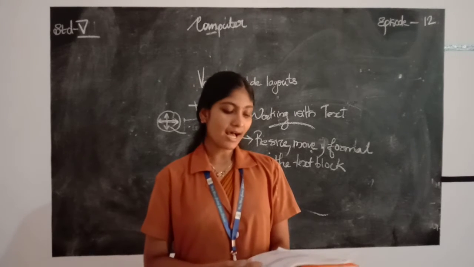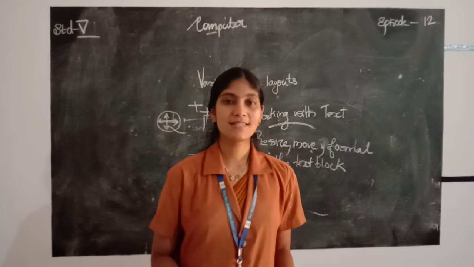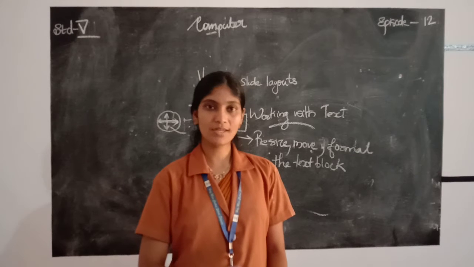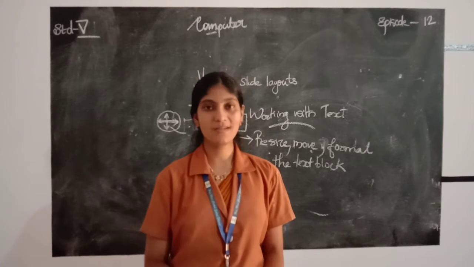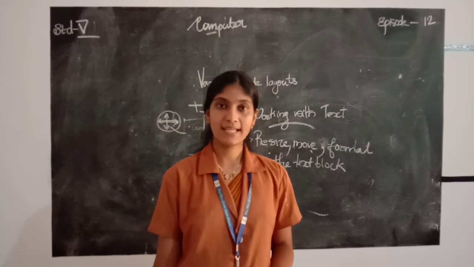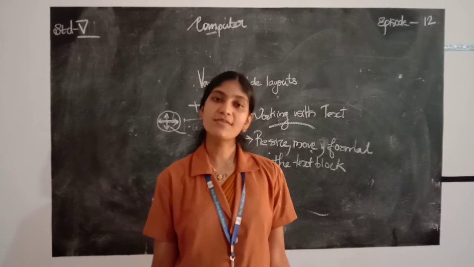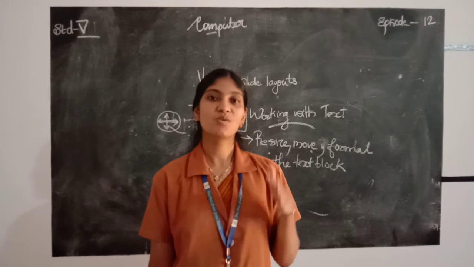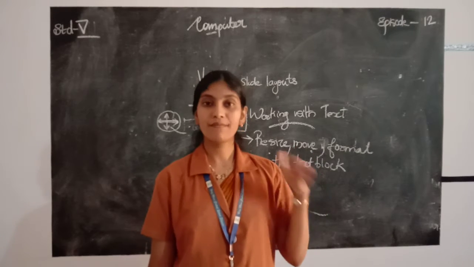Then changing alignment. Changing alignment means mainly there are three types of alignment. Also we can consider justify as an alignment. So left alignment, right alignment, center alignment and justify. Left alignment means the letters or words are aligned to the left margin.